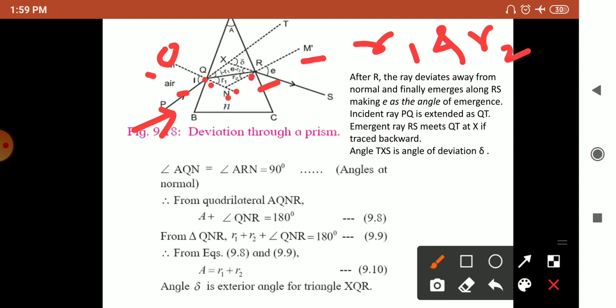Then after R, the ray deviates away from the normal and finally emerges along RS, making emergent angle e with the normal.